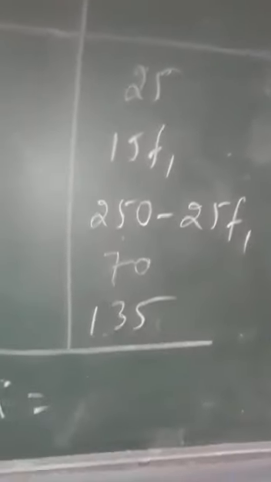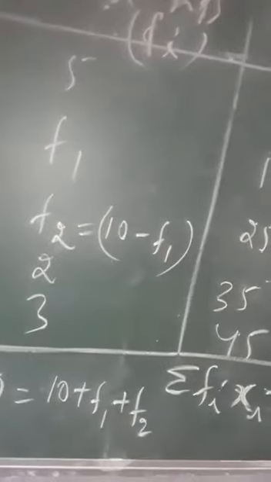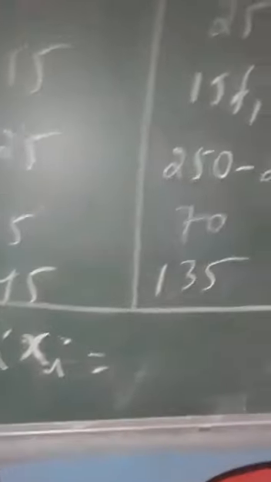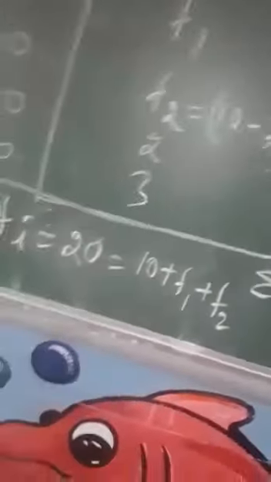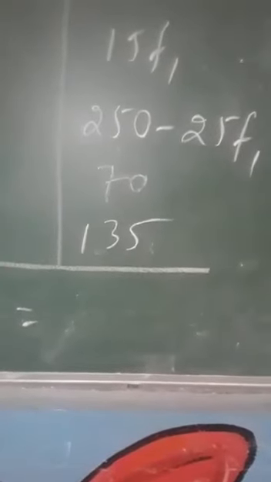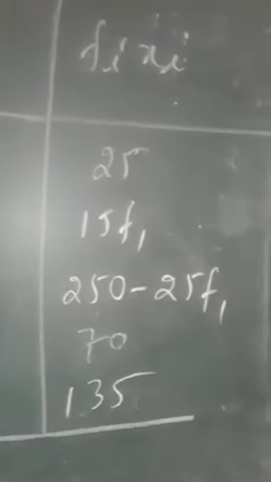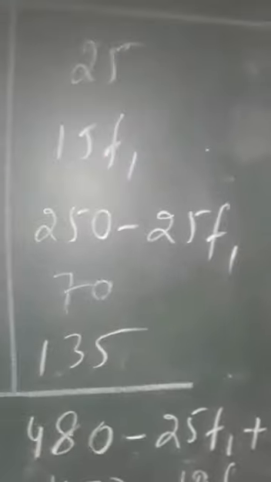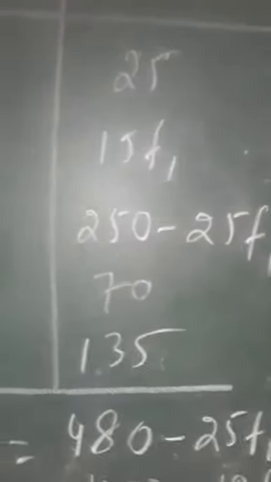It is the product of 25 and 10 minus f1. And 2 multiplied by 35 will give us 70, and 3 multiplied by 45 will give us 135. After that, we will add all the terms of fi xi.